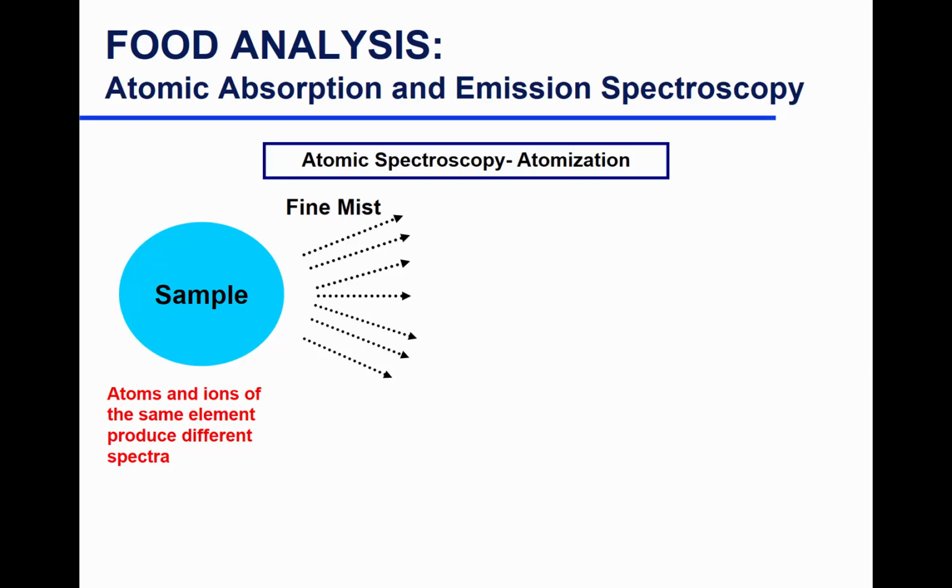Some of you have done that in the lab already, others will be doing that next week. So your sample is aspirated into fine mist, and the sample contains your minerals in a molecular form. And then it hits the flame. So the fine mist is projected onto a flame or plasma.